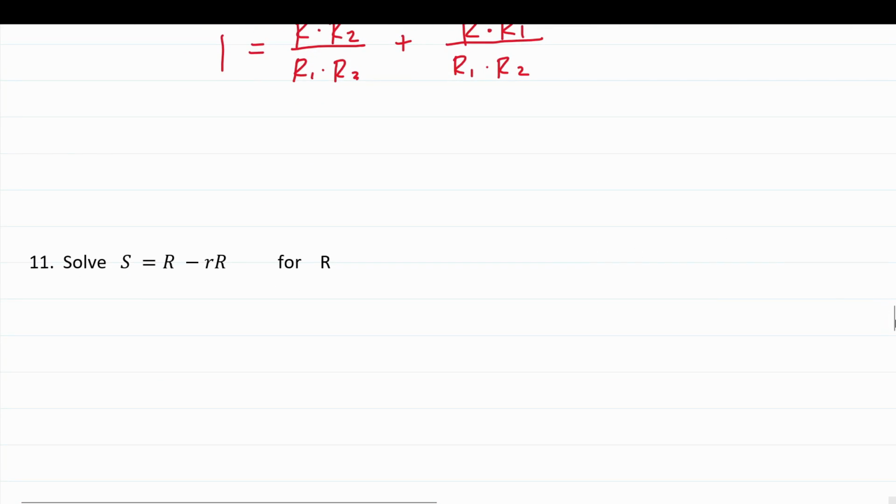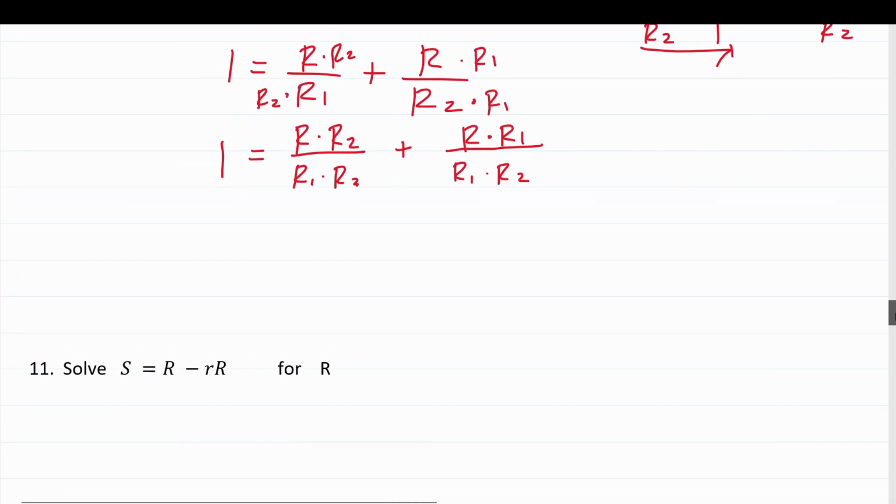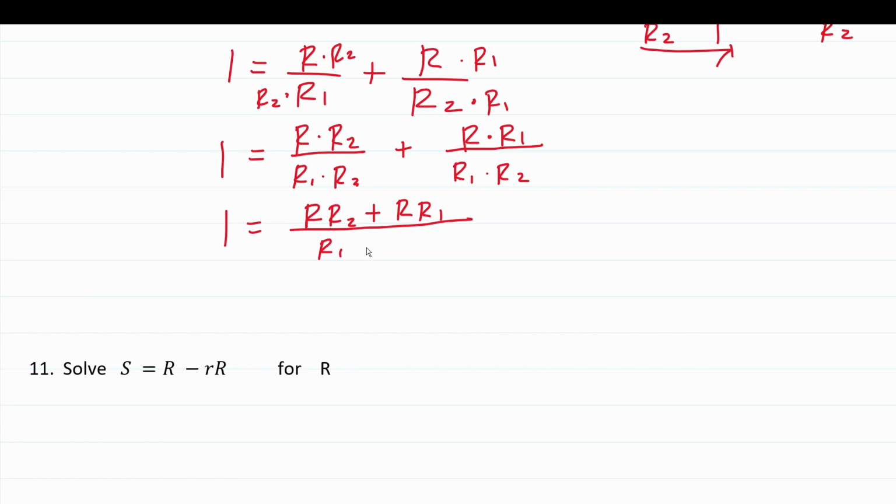All right, let me scroll a little better. All right, now that we have fractions with the same denominators, we can write them as one big fraction. So this becomes 1 equals r, and I'm going to drop the multiplication symbol since that's implied, r2 plus r1 over r1 r2.